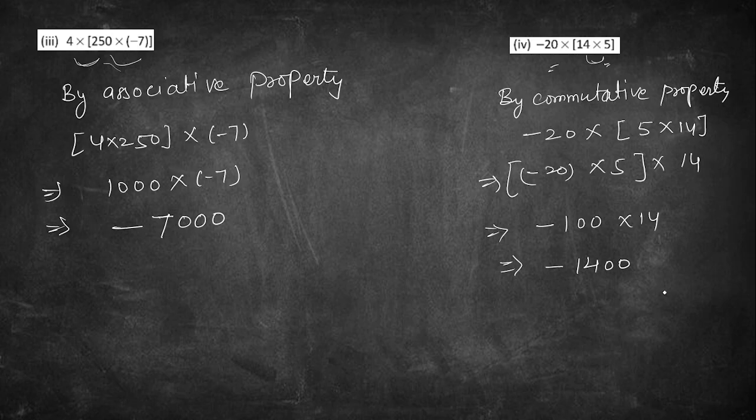Clear? Yes. Now let's do the next bit. 45 into 12. Now here this 12 can be written as 10 plus 2. Right? So it means we are using the distributive property.